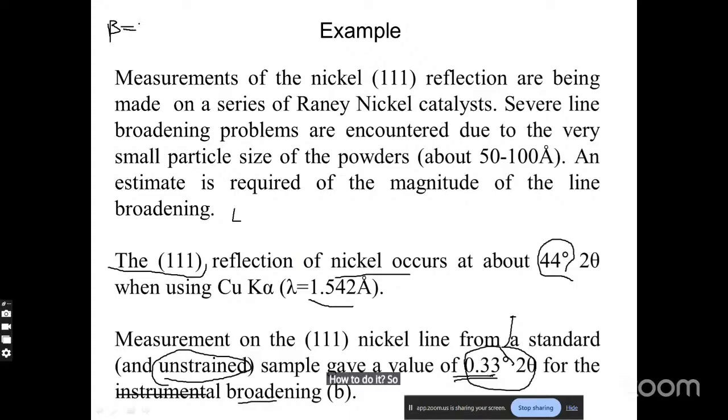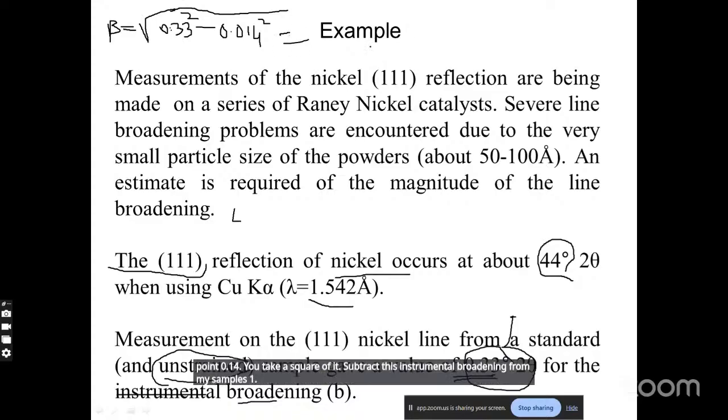For this particular instrument, I got the value of 0.33. You take the square of it minus the square of 0.014, which is the broadening for my instrument. Subtract this instrumental broadening from my sample's, and then beta is equal to the square root.